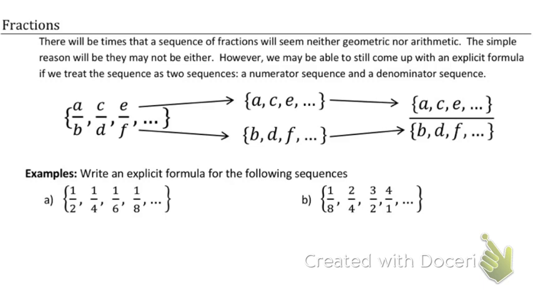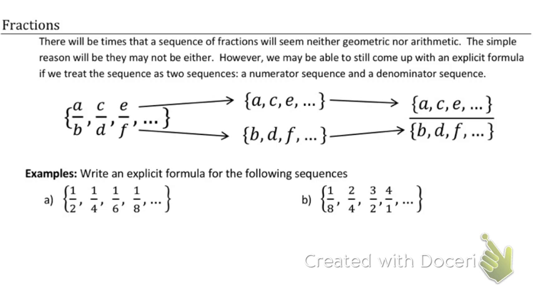Now, we've already dealt with some fractions, but I'm going to deal with fractions that aren't necessarily strictly arithmetic or geometric. So in these cases, sometimes we'll see a solid numerator, a solid denominator, or we might see a sequence on top, and we might see a sequence on bottom.